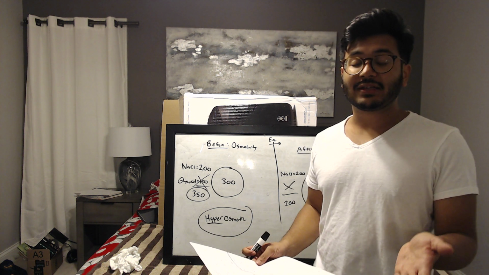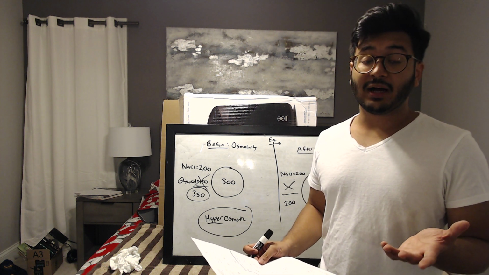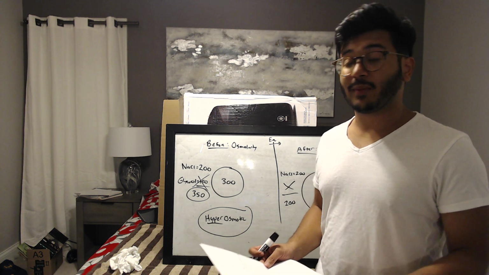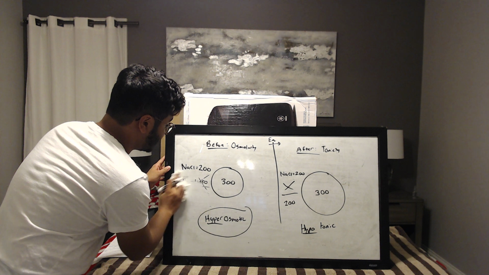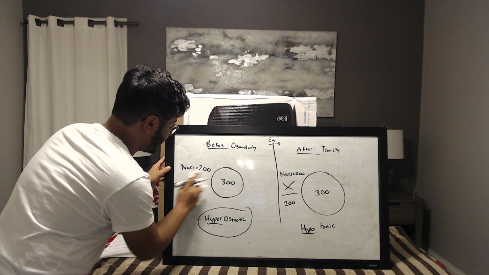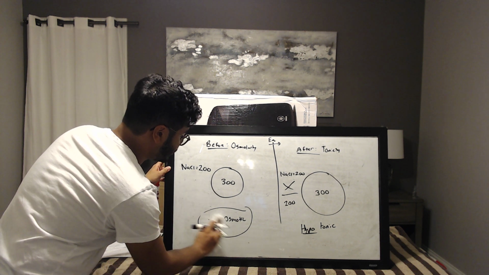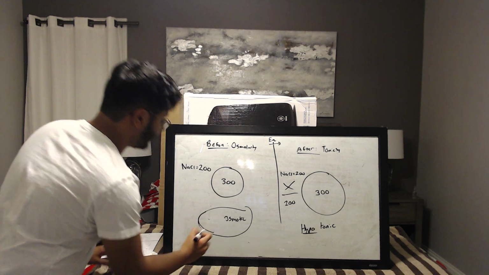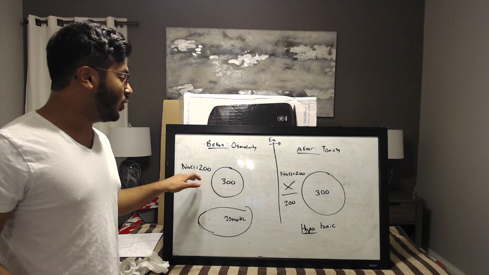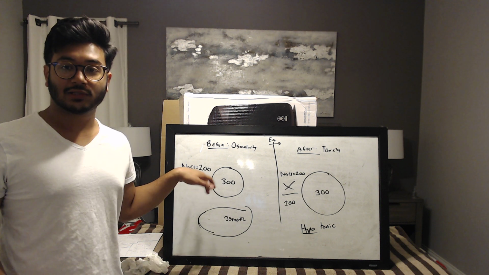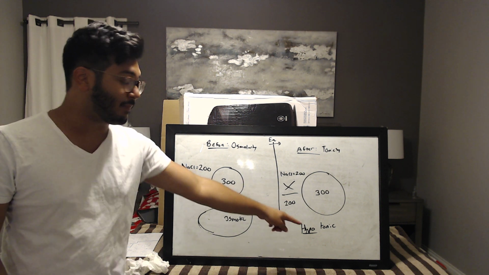However, in the case of a hypoosmotic solution, so let's say we started off with just this 200 over here with the NaCl. In a hypoosmotic solution, there's no way that this is going to become hypertonic.